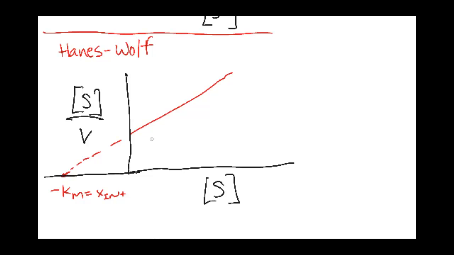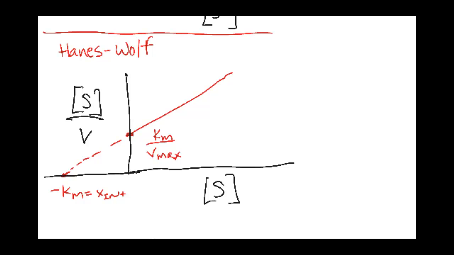That's where it touches the x-axis. And the y-intercept, as a result, becomes Km over Vmax.